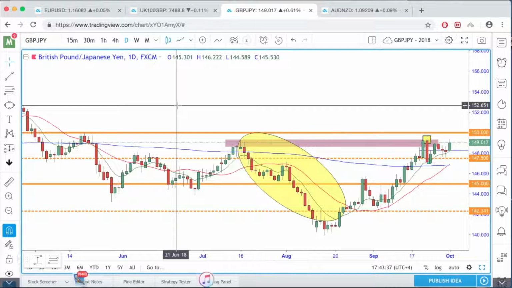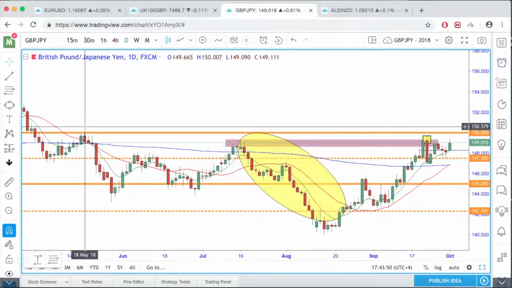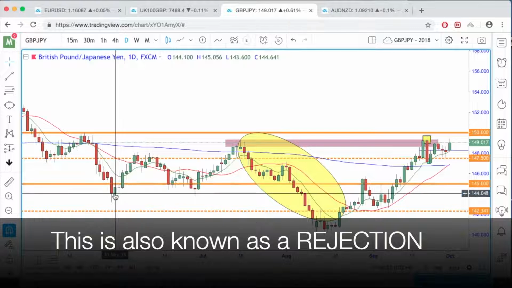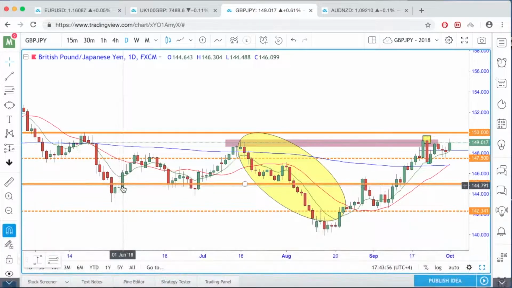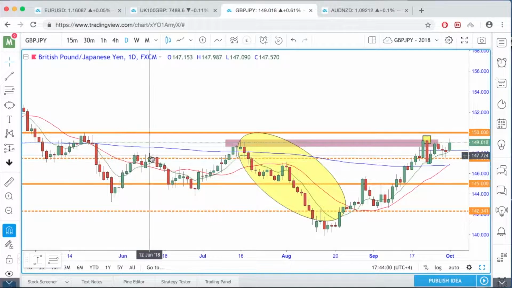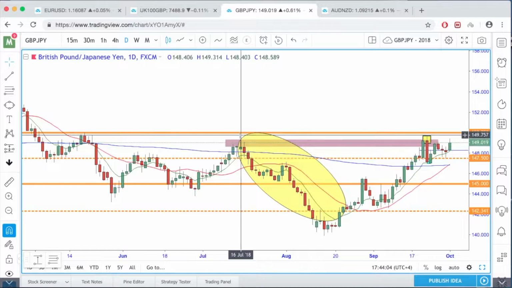Now eventually these levels will be broken. Like I said, I don't want to go into this too much. But as you can see here, if this is the resistance, you can see how many times the price has gone up to this level, tried to break above it, hasn't been able to, and has fallen back down to this support level. Again, it's fallen a little bit below it, but then it's bounced back up from the support level, and gone back up to this resistance level.